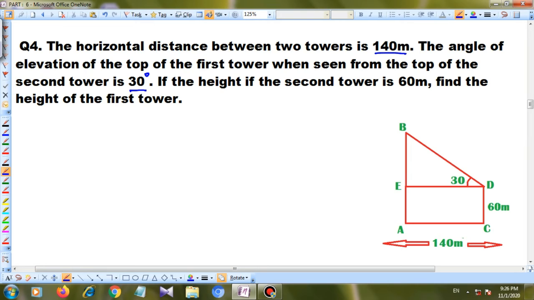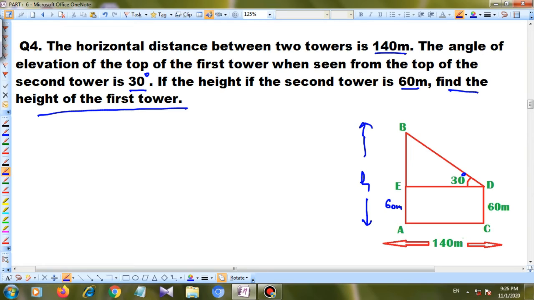If the height of the second tower is 60 meters, then find the height of the first tower. So the elevation is 30 degrees, and this will also be 60 meters, right? And the height of the first tower, let it be h.